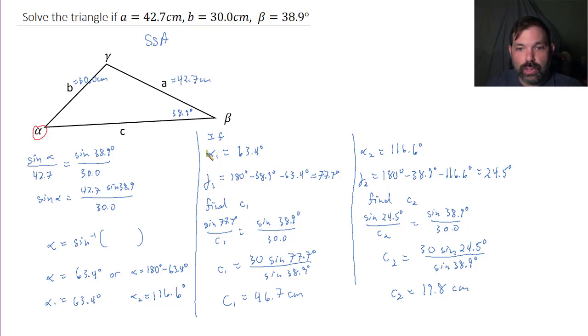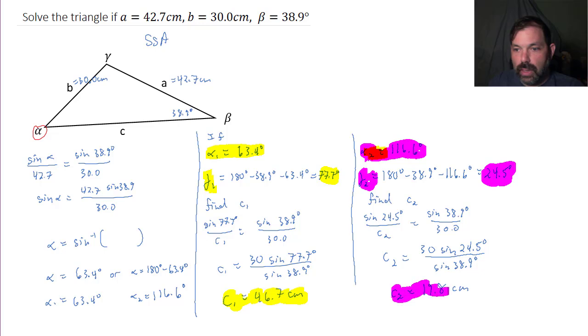One solution gives alpha as 63.4 degrees, gamma as 77.7 degrees, and C as 46.7 centimeters. Another solution, a second solution, gives alpha as 116.6 degrees, gamma as 24.5 degrees, and C as 19.8 centimeters. And both are valid.